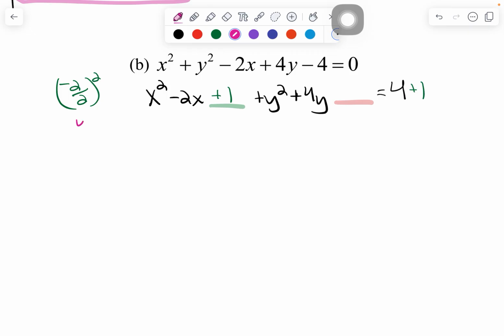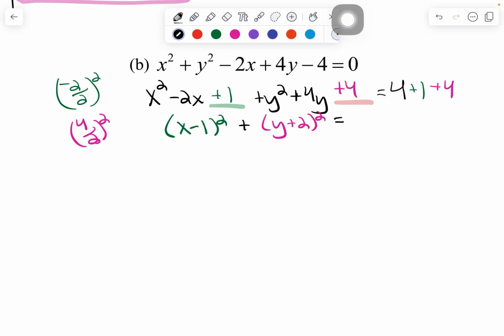For y, we're going to take 4 divided by 2 and square that. That's +4 and +4. All right, so x squared minus 2x plus 1 would be x minus 1 squared. And then for y squared plus 4y plus 4, that's going to be y plus 2 squared. And then 4 plus 1 plus 4 makes 9.